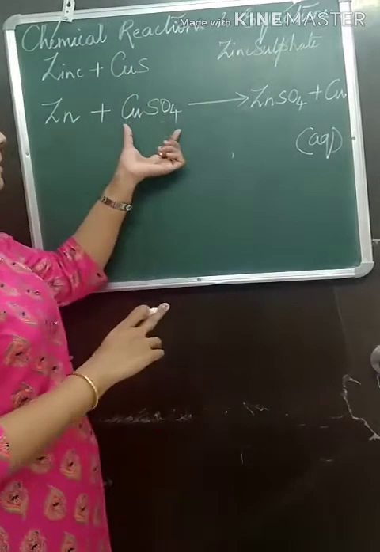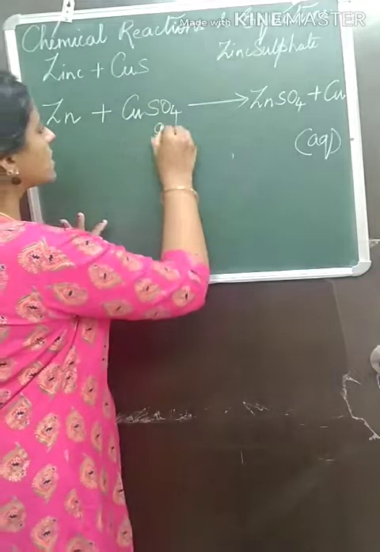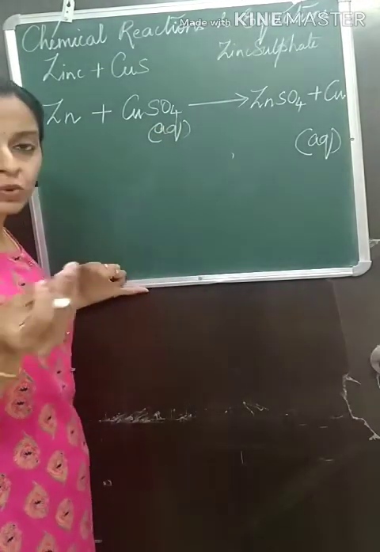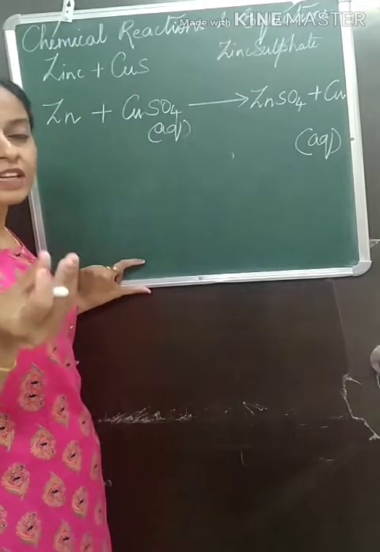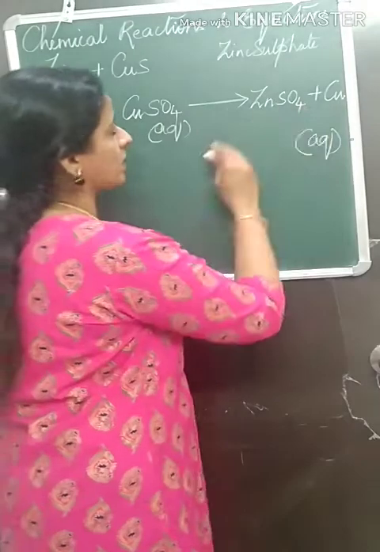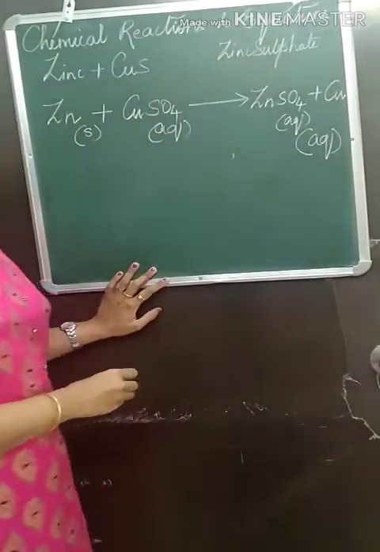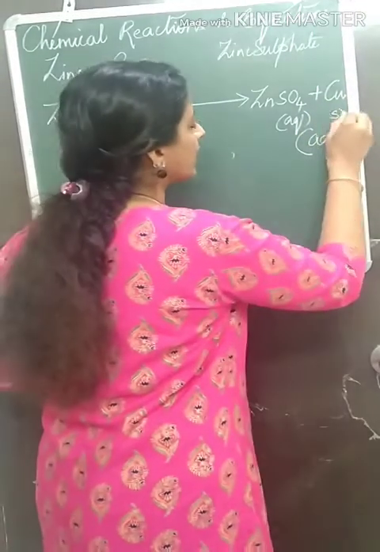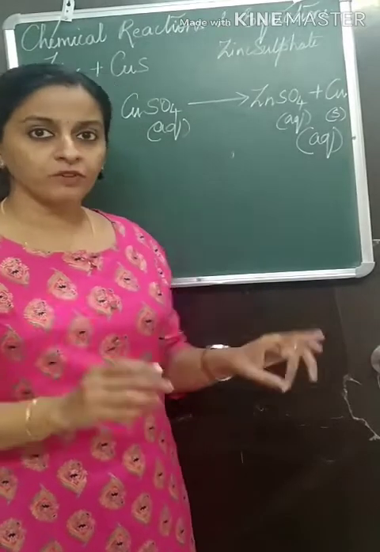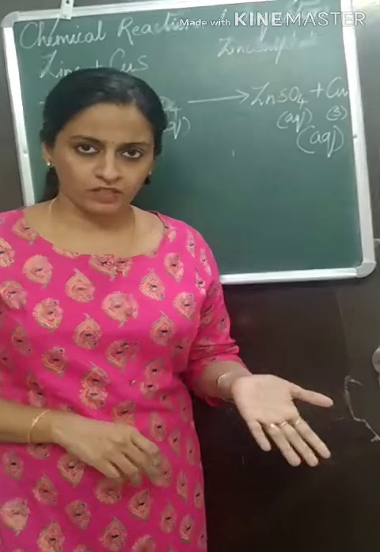Here copper sulfate was dissolved in water, so this is aqueous state, and I will write AQ. Similarly, zinc, we used zinc granules or powder, so that was in solid state. The product zinc sulfate you will get in aqueous state, AQ, and copper we will get in particle form, so solid. So the third important thing is to mention the physical state of the reactants as well as the products.